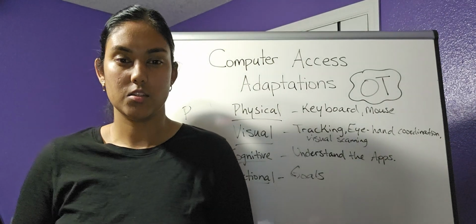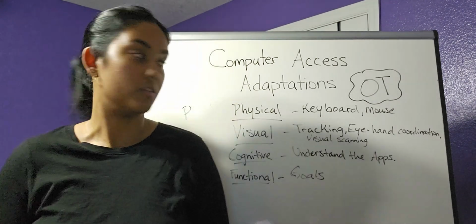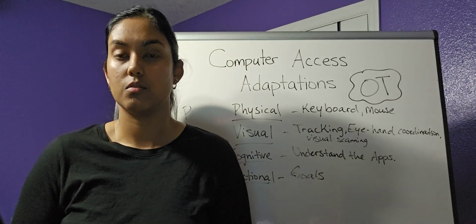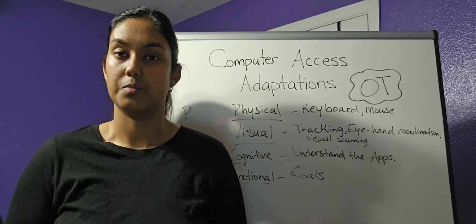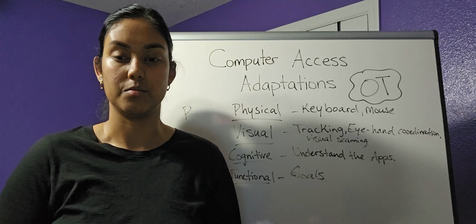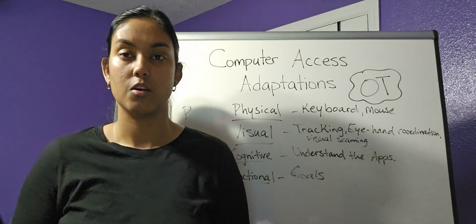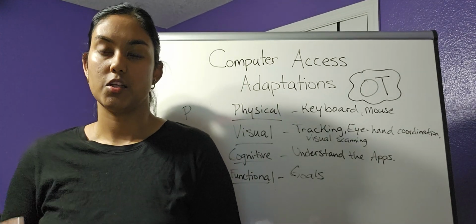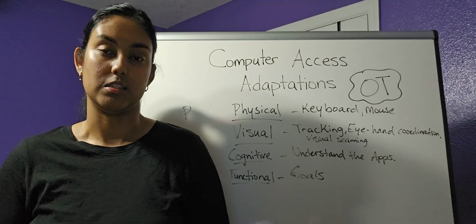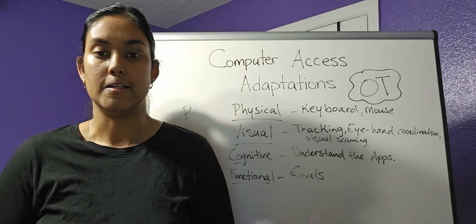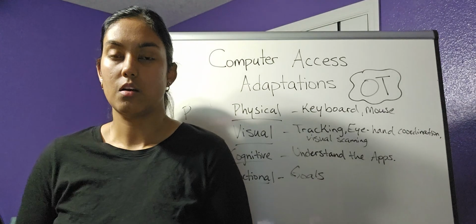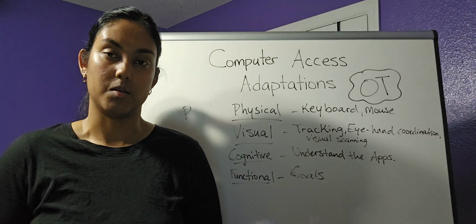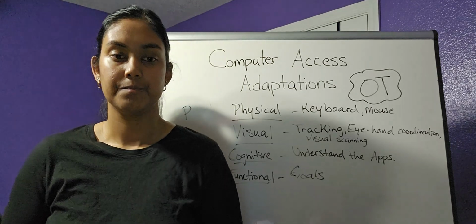So standard computer access, you have your keyboard, your mouse. On Windows and iOS, so PCs and Mac or Apple computers, they have operating systems where they have access features where you can change it to what your client is needing. If that doesn't work, then there are other options of different software or hardware that can be programmed into the computer.